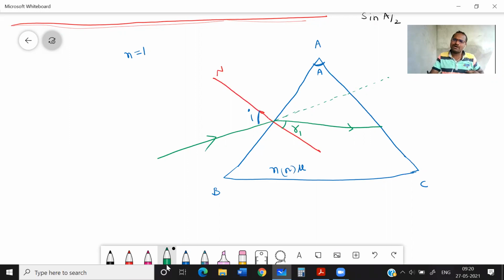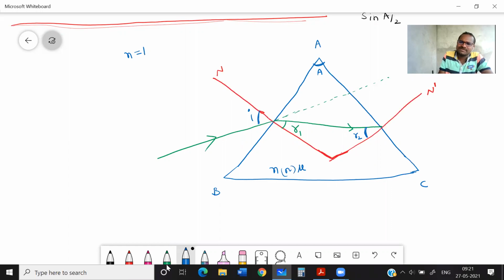Okay. Now on the second surface, again draw one normal. Draw another normal on the second surface. Here, another normal. Let us imagine n dash. Now extend this normal in backward direction. Imagine this refracted ray from the first refracting surface is incident on the second refracting surface AC, with angle of incidence, let us imagine, r2.